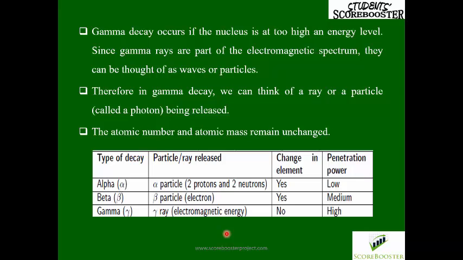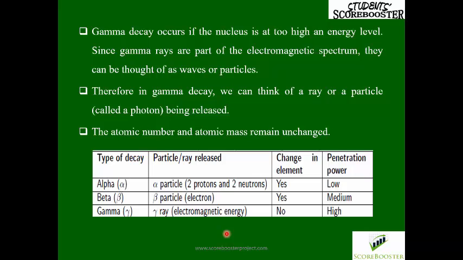In beta decay, the mass number does not change, the atomic number increases by 1. But in gamma decay, nothing changes, mass remains unchanged, atomic number remains unchanged, simply because gamma ray has no charge, no mass.